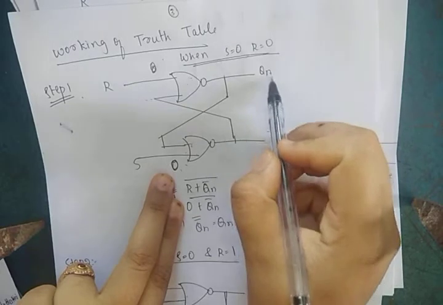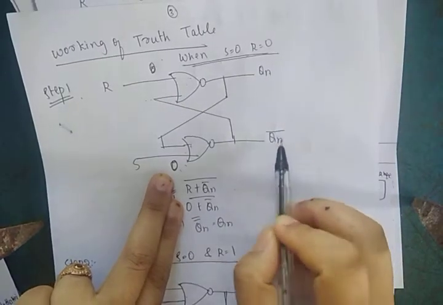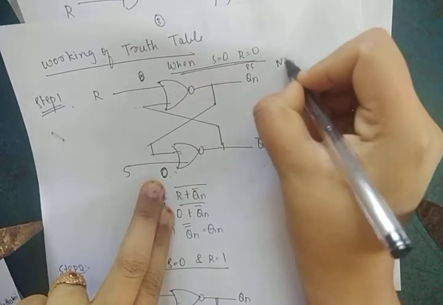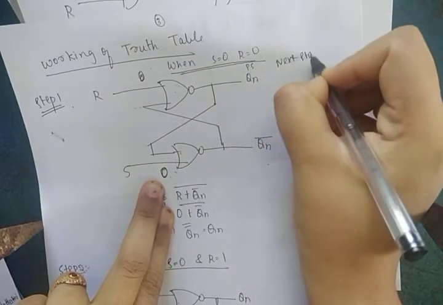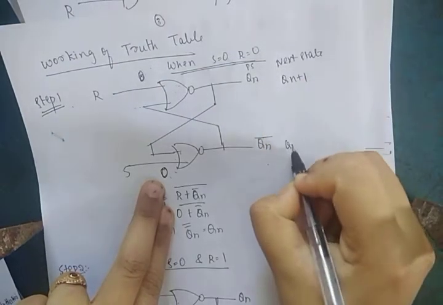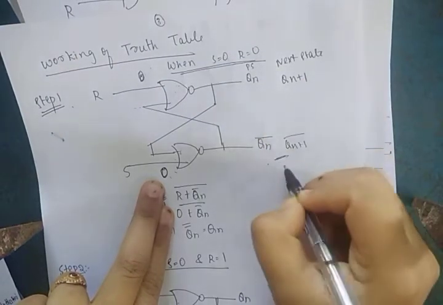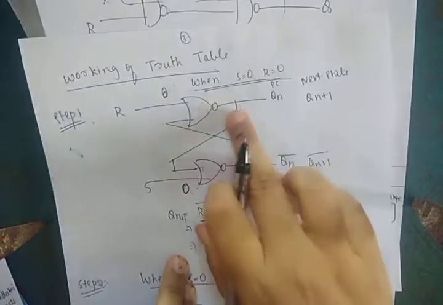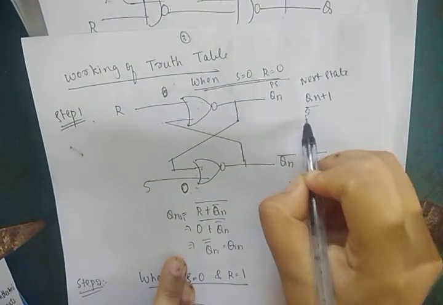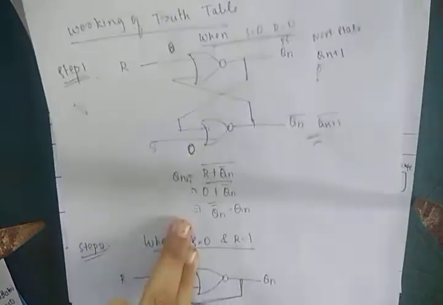Qn is this output and Qn bar is this output. This is the present state. What is the next state? It is Qn plus 1. Here the next state will be Qn plus 1 bar. We don't require that for now. Just remember present state is Qn, next state is Qn plus 1. We need to find out this.